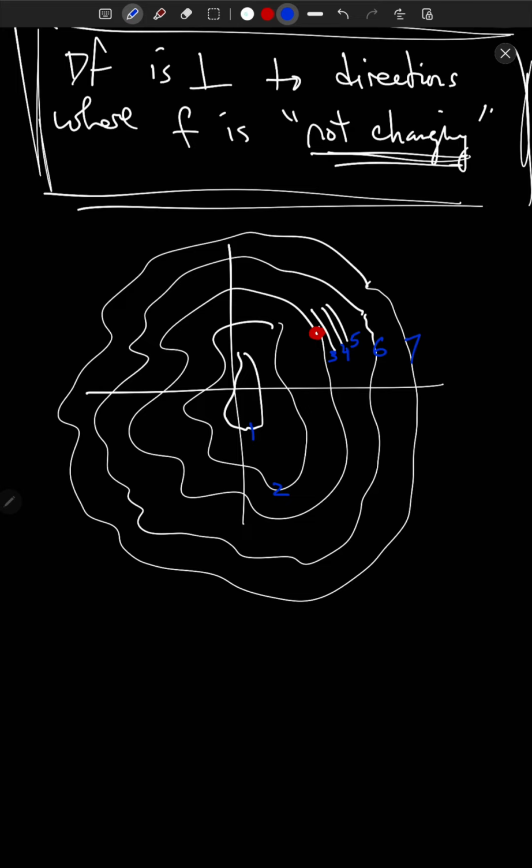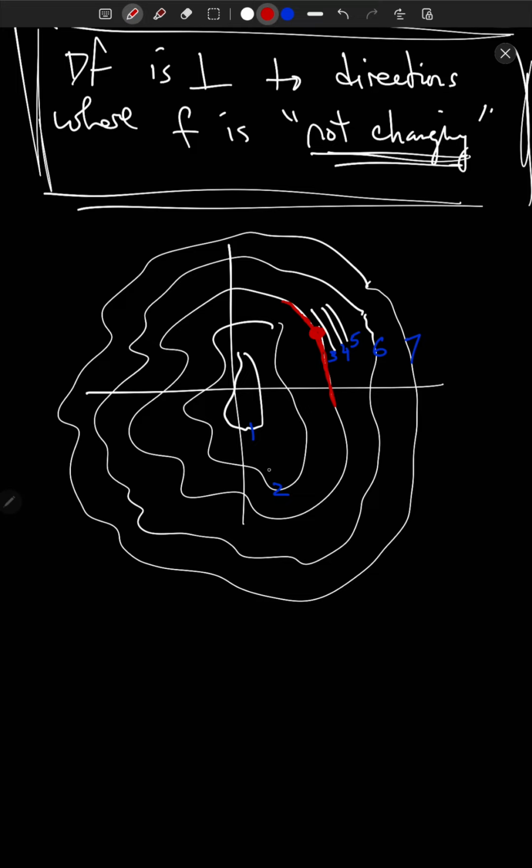Okay, so it looks like here, the way I've drawn this picture, the gradient is kind of in this direction, right? But it's hard to tell without a more accurate picture. But I can actually tell you exactly where the gradient should be, because along this level curve the change of my function is literally 0, right?